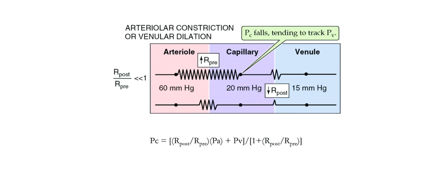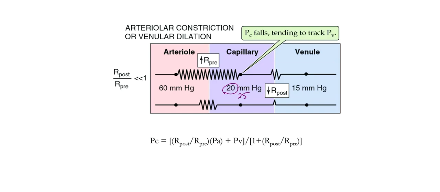Okay, what happens if you greatly constrict the arteriole? Now what do we have? What was it, the first, the normal? Okay, so if you ramp up the pre-resistor, which is more likely, or you happen to decrease the post-resistance, you'll see in just a little bit why it's much more likely that you will affect the arteriolar side.